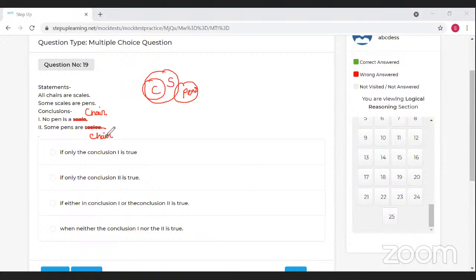What would be the answer for this question? D is the answer. Okay. What about others? Only second is true. So some scales are pens, but here they are saying some pens are chairs.